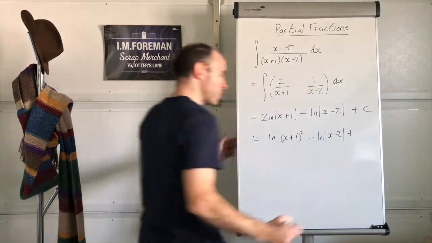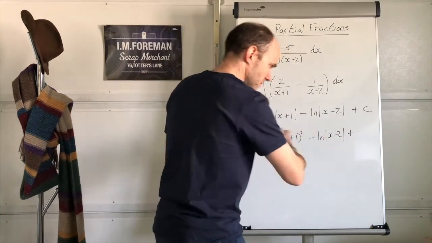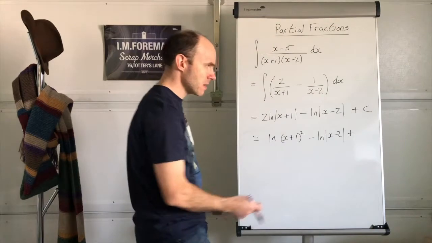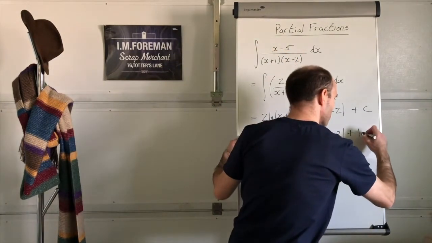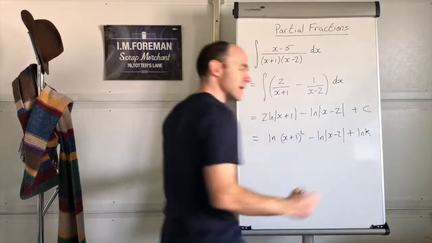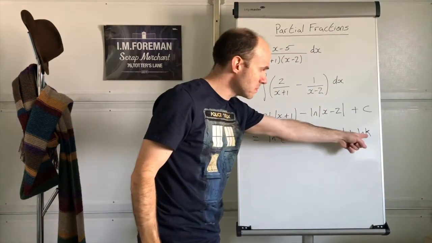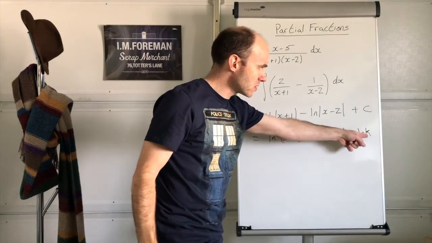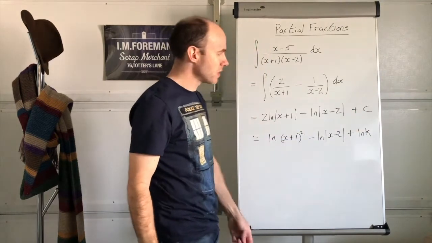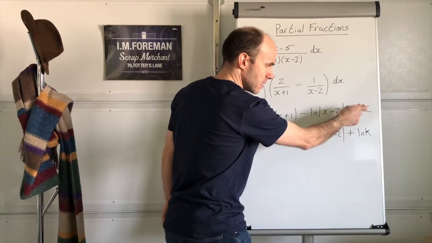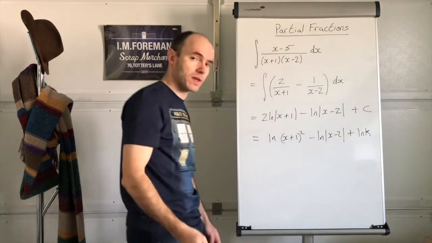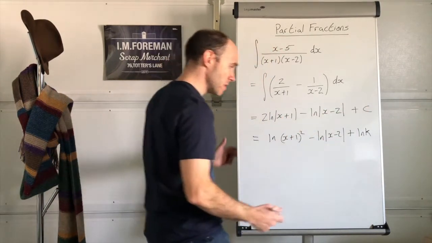If we're going to combine all these terms into one single term, the plus c is a bit awkward because it's not a natural logarithm. So instead I'm going to write it like that, plus natural log of k. K has been chosen because if I write natural log c, it's not the same as that. You've got to make sure that you recognise that constant there. I'm just rewriting it as natural log of k, and I can combine all these terms together now.